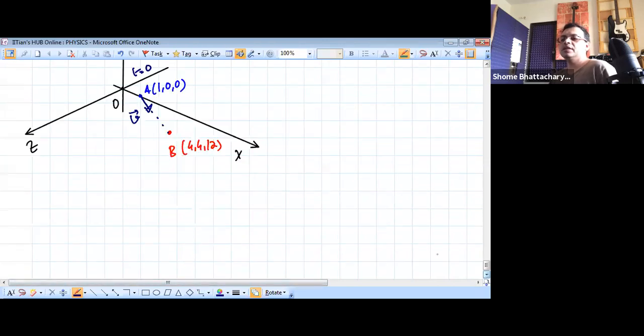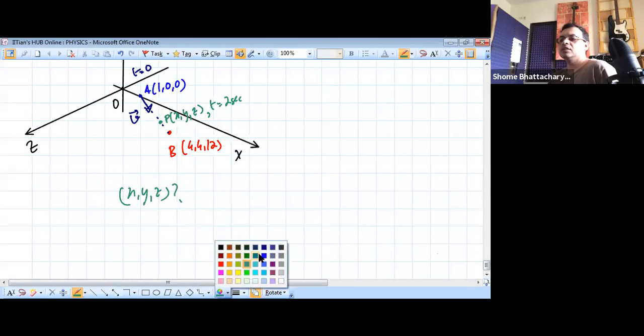So let's just assume that it's reached somewhere here, which is some general point x, y, z at t equal to 2 seconds. We have to find the coordinates of this point, x, y, z. And we know in the question that the magnitude of the velocity is 65 meters per second.